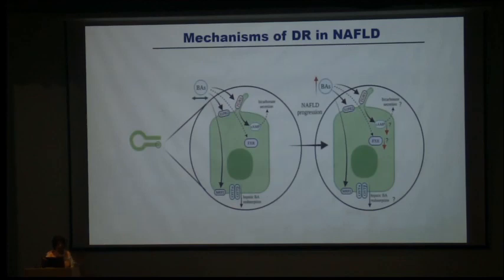So there is a mechanism of ductular reaction in NAFLD, because generally cholangiocytes have more expression of CYP2 and TGR5. Bile acids come in, and through FXR there is a hepatic bile acid reabsorption phenomenon. However, in NAFLD progression, when there is more lipid deposition, bile acids go up and stay longer, because CYP2 and TGR5 are reduced.